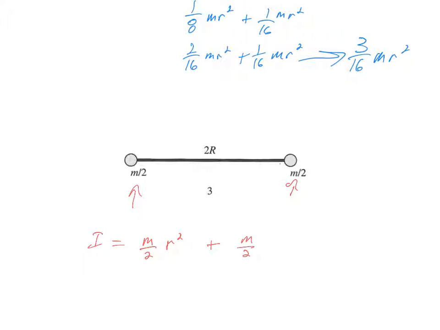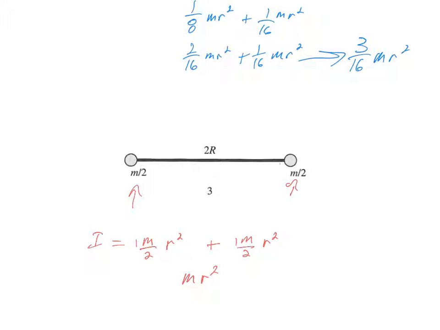I have half an m and half of 2r, which is 1r, but I have to square it. And this is basically 1/2 m and 1/2 m here, which equals m, and I have an r squared. 1/2 mr squared and 1/2 mr squared equals 1 mr squared.